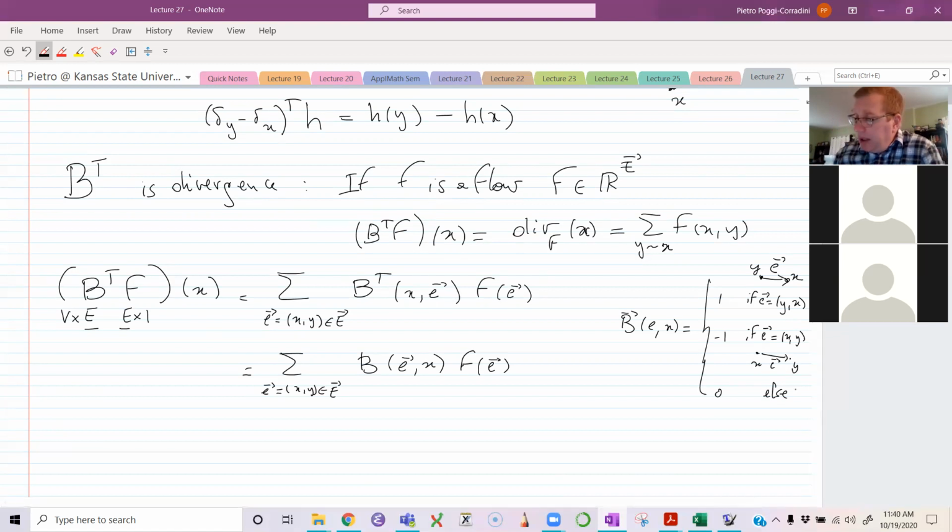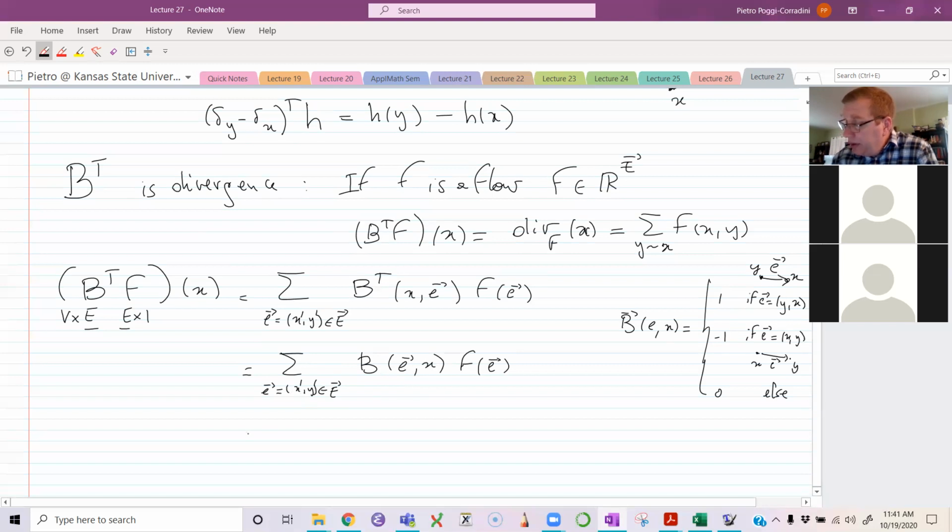So in this sum here, as we run over all possible edges, and I think it's a bit sloppy here. X is fixed, so these are actually other dummy variables here, x prime, y prime. So as you run over all the edges, this is going to be 0 most of the time, B(E,X), except when an edge either points to X or comes out of X. And in that case, you either get a 1 or a minus 1, right?